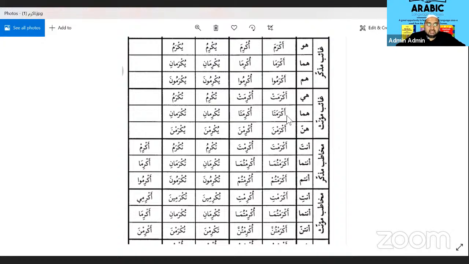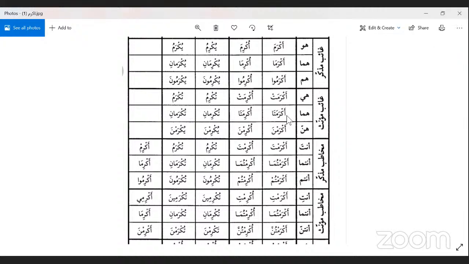You remember? Now adkhala, yudkhilu, idkhal means to make someone else enter or to insert. Adkhala means to insert or to make someone enter something. Is that clear? So huwa adkhala, he made someone enter.